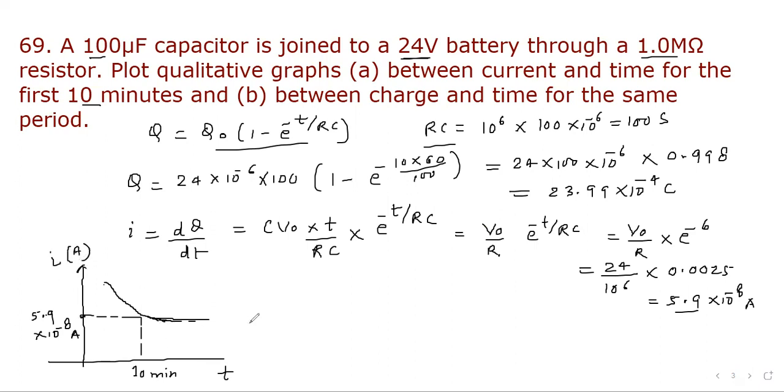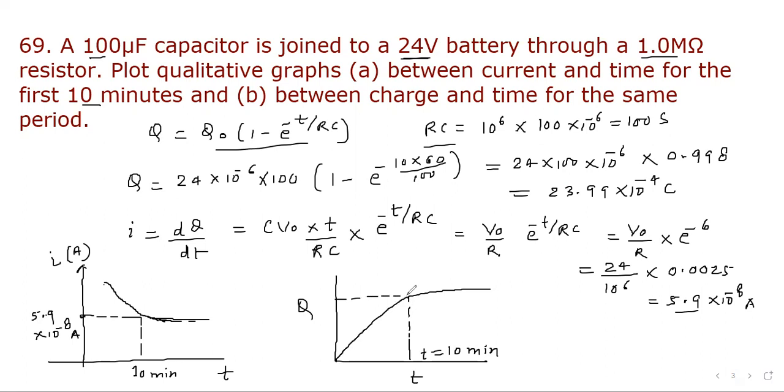Ampere. Now, if we plot the charge-time graph, so this is Q, this is t. So the graph will be like this. This value corresponds to t equal to 10 minutes, and the corresponding value of charge for 10 minutes, we have found as 23.99 into 10 to the power minus 4 coulomb.